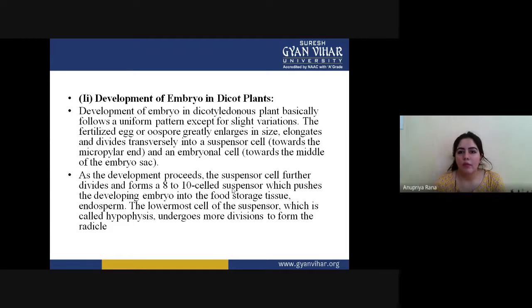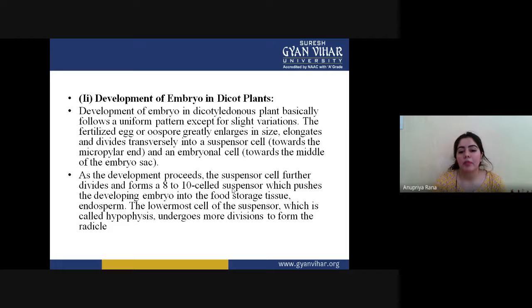There are no three divisions, just two divisions here. One suspensor cell is towards the micropylar end, and the second embryonal cell is towards the middle of the embryo sac, opposite in direction. One is towards the micropyle, and the second one is always towards the chalaza.